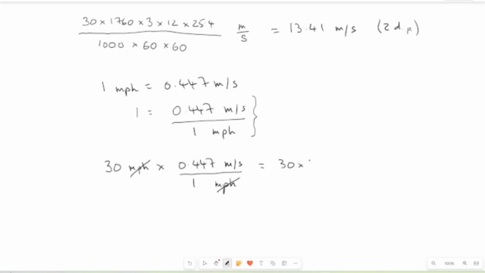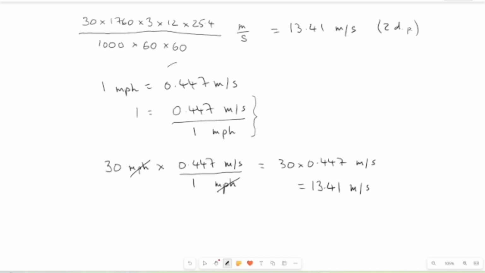Gives me 30 times 0.447 meters per second. I've still got the 1 on the bottom, but I won't write that in because dividing by 1 doesn't change anything. And that is equal to 13.41 meters per second.